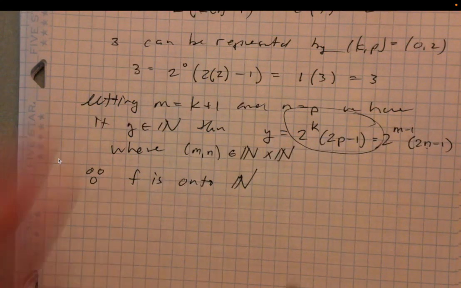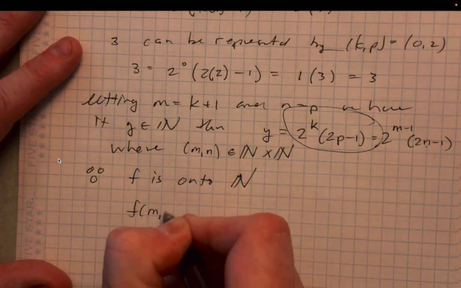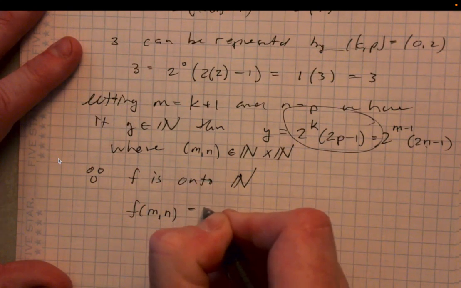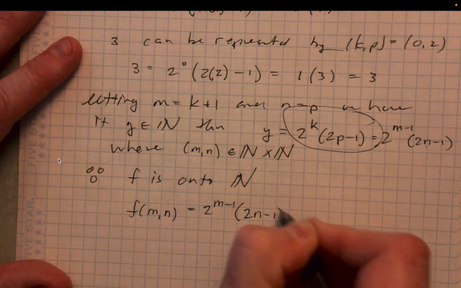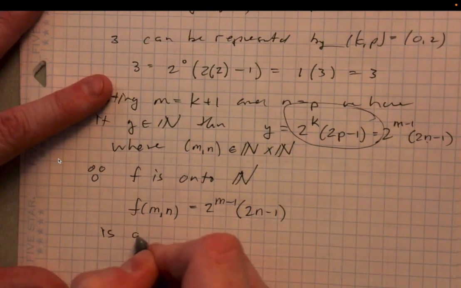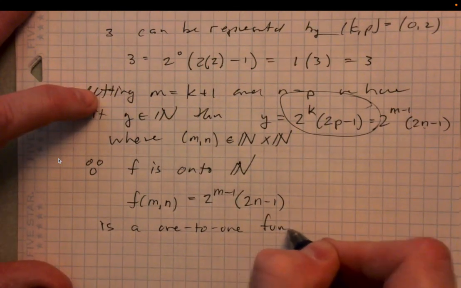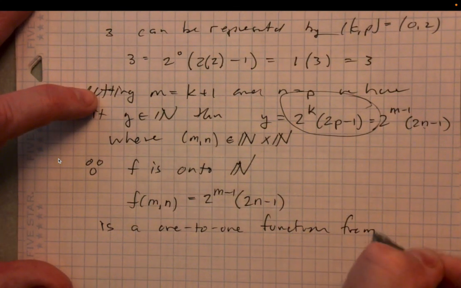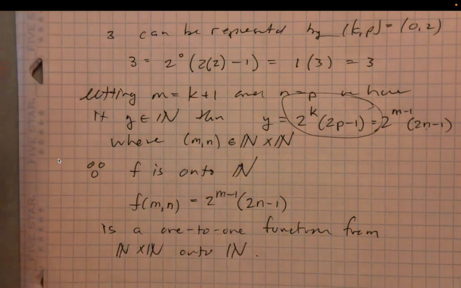So what have we shown? We've shown that f of m comma n, where we set it equal to 2 to the m minus 1 times 2 to the n minus 1, is a 1-to-1 function from N cross N onto the natural numbers.